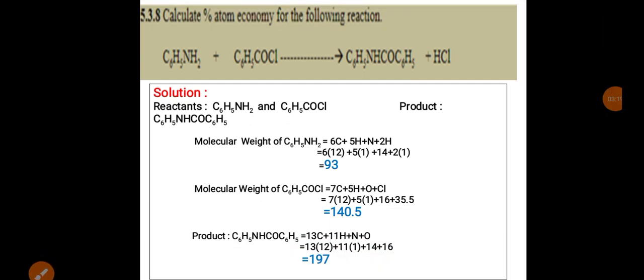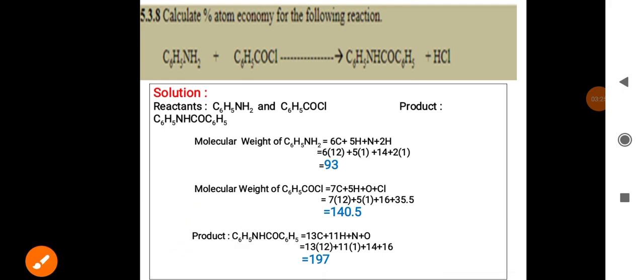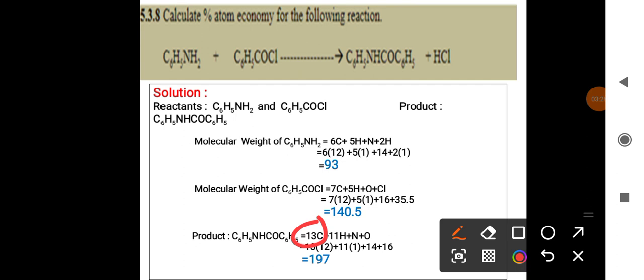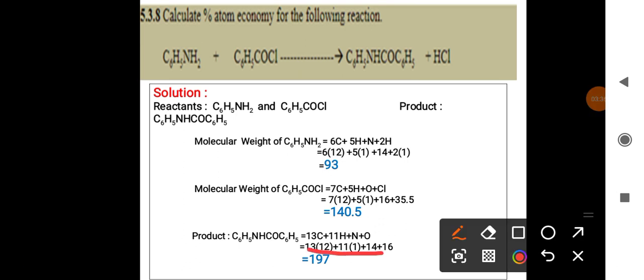and then finally you calculate the molecular weight of the product. Again count the number of carbons, hydrogen, oxygen and nitrogen in the product formula, put their values and calculate the molecular weight.